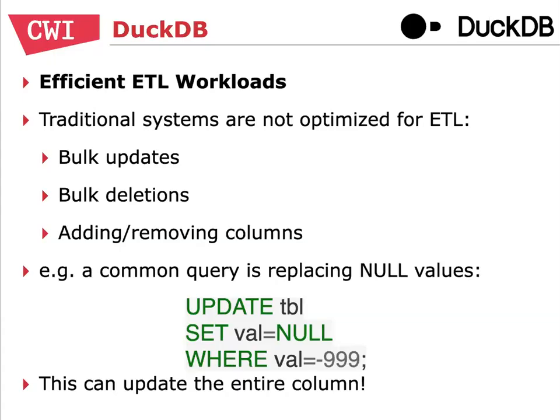But in these ETL workloads, you're usually altering whole columns, or adding a whole new column, or deleting half your data. And they are just not optimized for that. So DuckDB, it's the opposite. We have optimized it specifically for that. So if you have a query, for example, where you replace a magic value with a proper null, which is quite common in certain data sets, it can update the whole column, and DuckDB is optimized for this scenario.